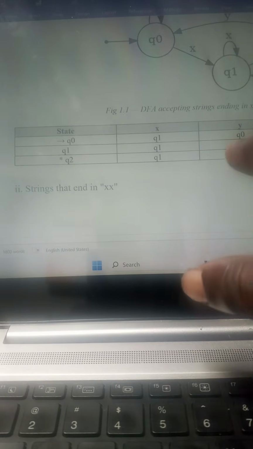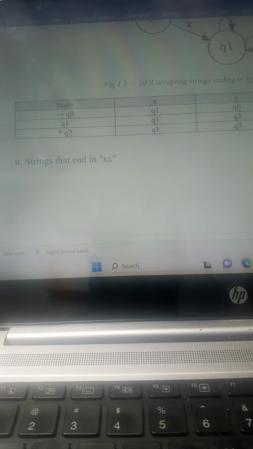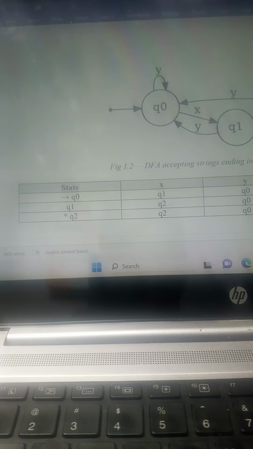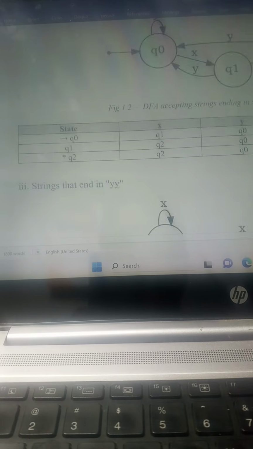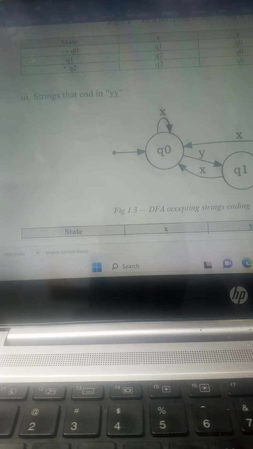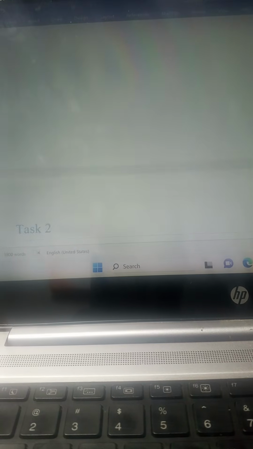You can see everything is explaining itself. Everything that was shown here is drawn exactly like that from the answer that we gave from the set notation. So we'll do a next video for task 2.